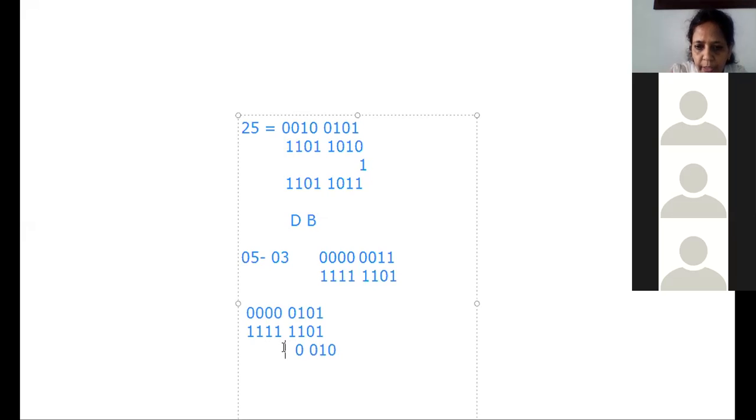Correct. 1 for carry, it will be 0, 0, 0, 0. This is the answer, right? With carry 1. There will be carry here. 1 is the extra bit, right? The extra bit is nothing but called as the carry. You are getting a 9-bit answer, right? So this is your carry.